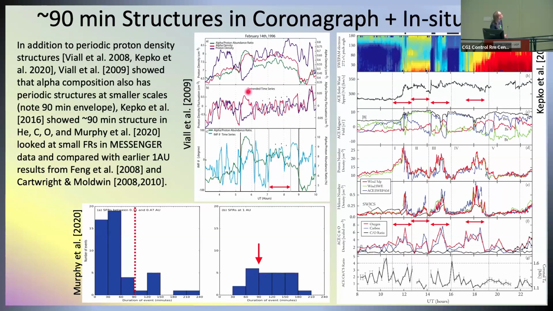You can see what look like sequences of peaks. It turns out some of these statistics seem to match up between the in situ data and what they see in the remote sensing. And over here is a paper where they also see this kind of structure in the composition quantities: carbon, oxygen, iron. They have similar types of widths to the density structures and to the magnetic field features.